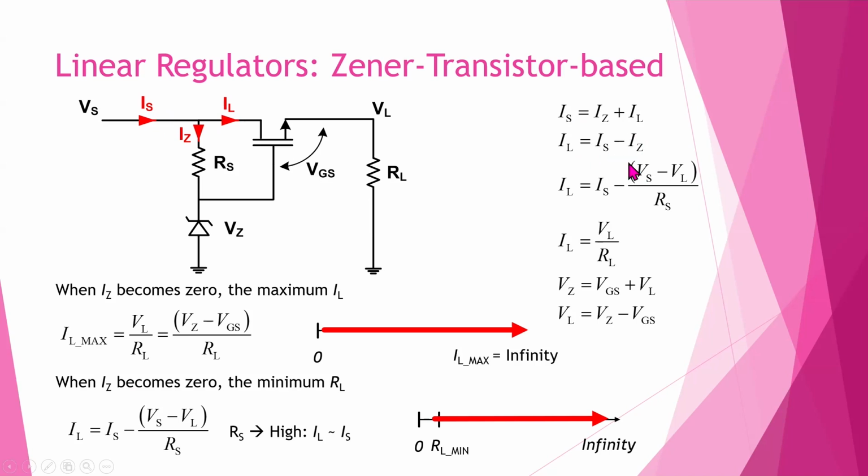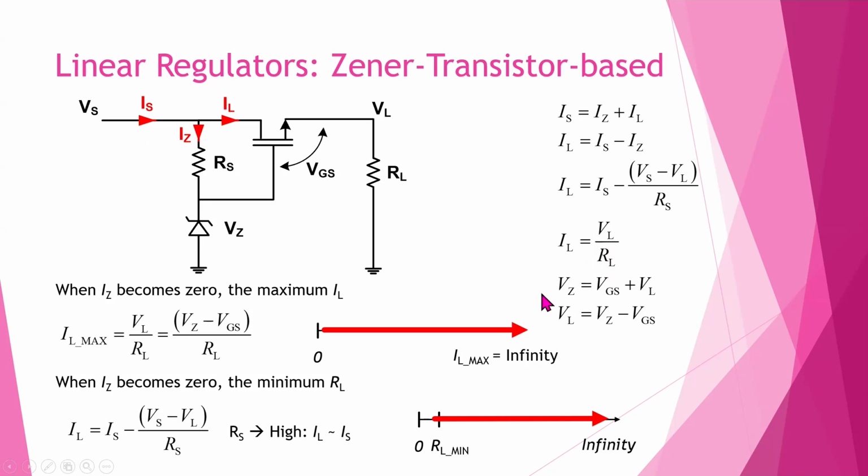Here, IZ means the current through the simple structure with the resistor RS and Zener diode connected in series. We can get the voltage reference Vs minus Vz, divided by Rs, which gives the current through the Zener diode. And here is the load current, which is given by VL divided by RL.